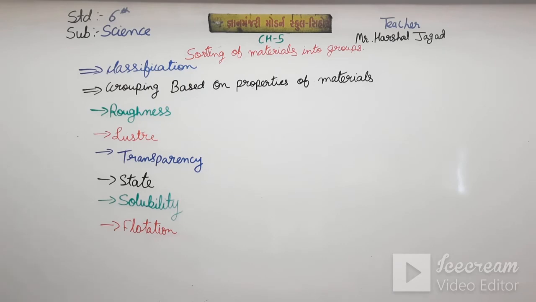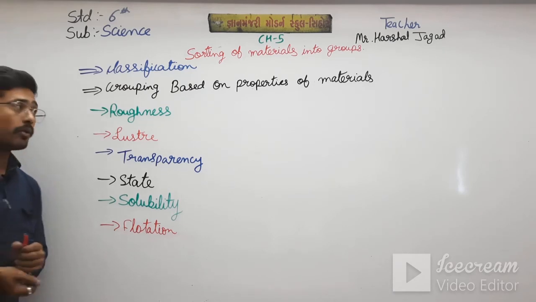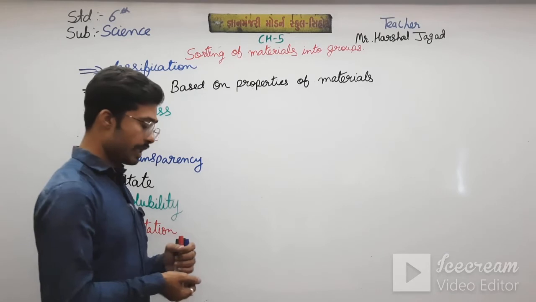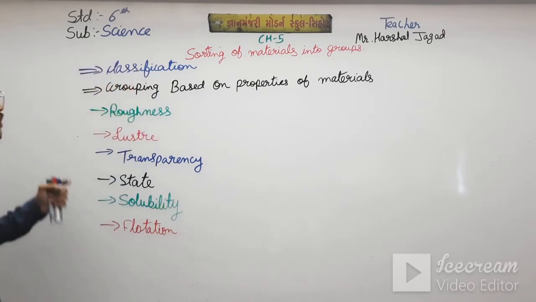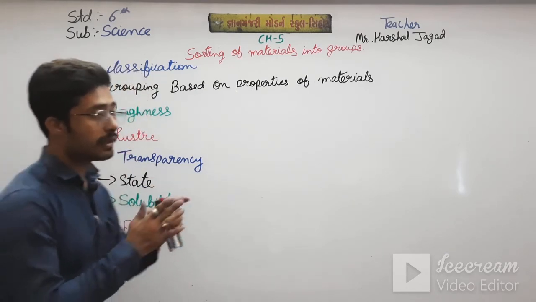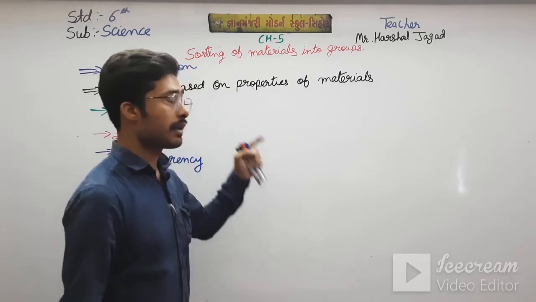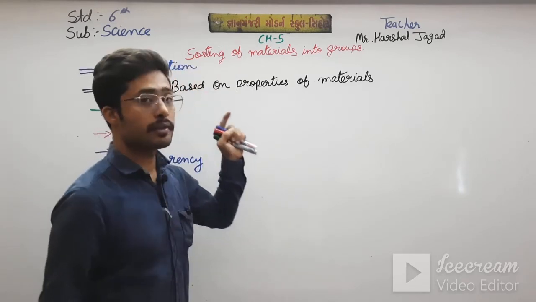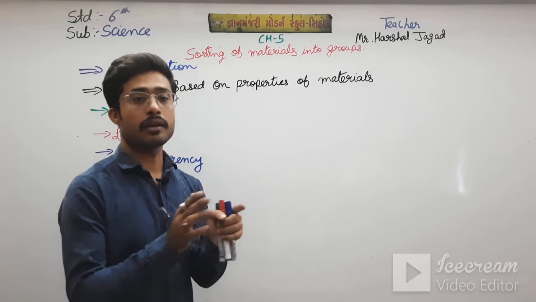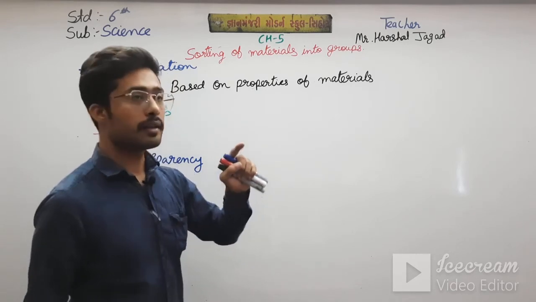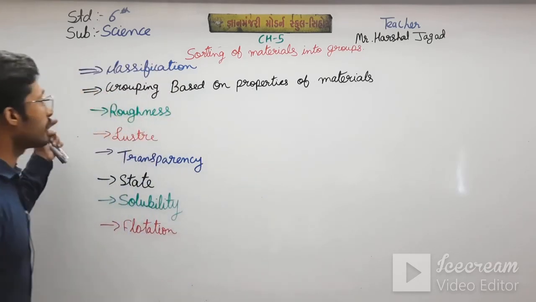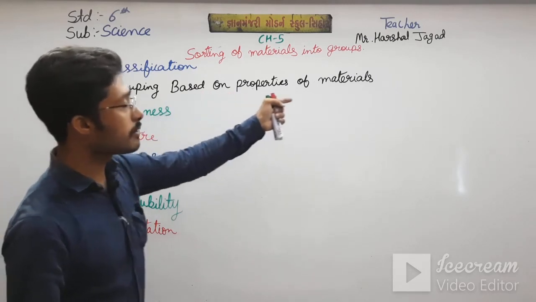Okay students, we will just stop here in this video and we will go further in the next video. So now let us revise all the things which we have seen in this lecture. First of all, classification. Classification means grouping things into other things based on the properties of matter.